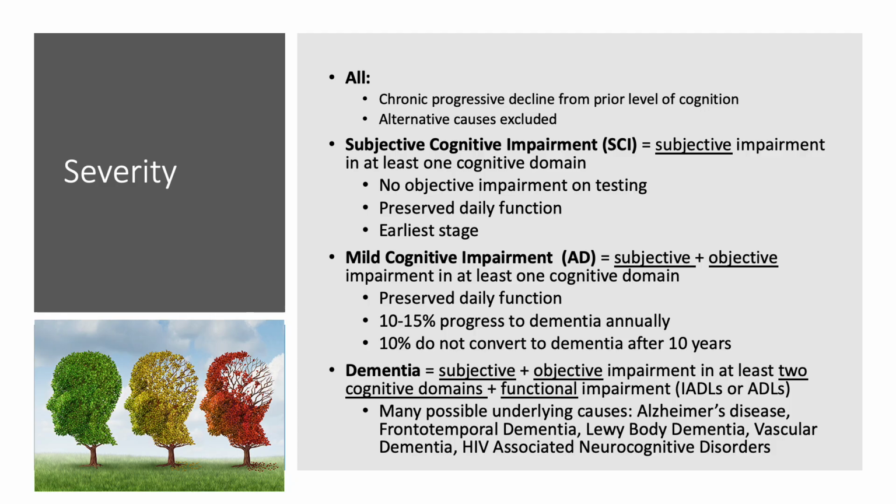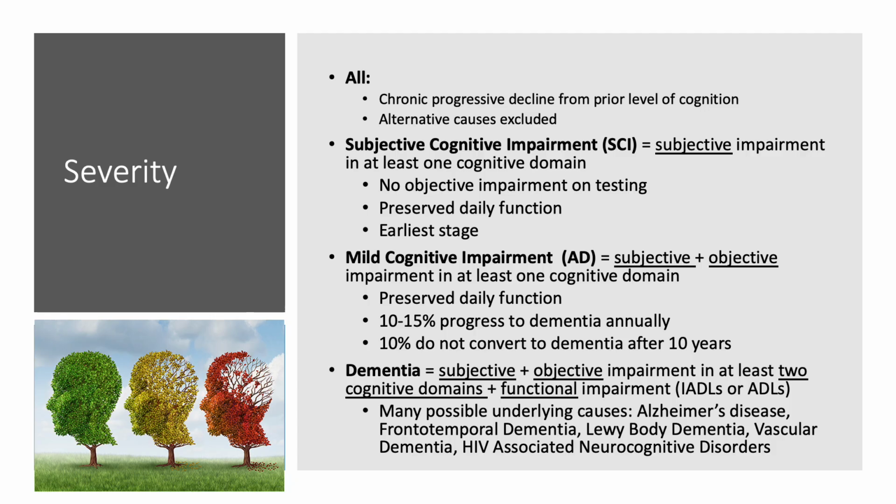The first thing that most people will report is what's called a subjective cognitive impairment, in which the patient themselves recognizes that there is something that's not quite right. But if you were to perform tests at this point, the patient will usually do quite well on cognitive screening tests, and they are still very functional. They have preserved daily function, and this is considered the earliest stage.